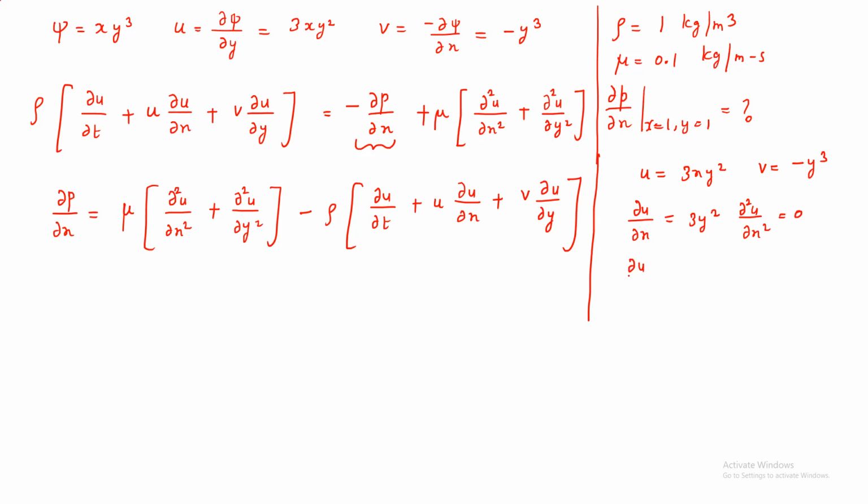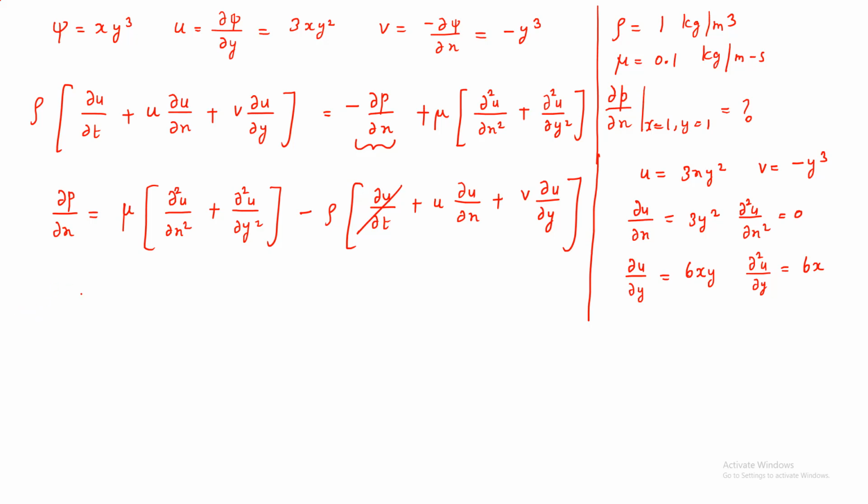And then dou u by dou y, if we differentiate this, we will get 2y, and we also have 3x, then we will get 6xy, right, and then dou square u by dou y square will get 6x, right? And then we don't have any variation with respect to time. It's a steady flow, so this term will vanish, right?